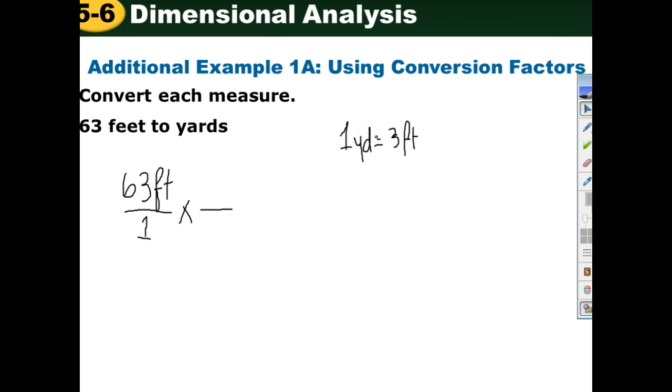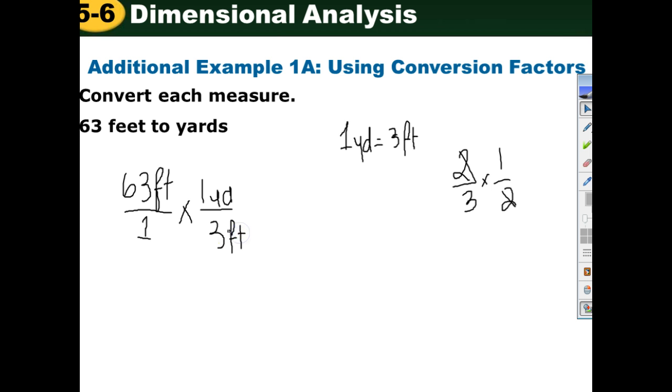Remember in the previous slide, I said that we want to make sure of what happened. So remember with fractions, when we have 2/3 times, let's say, 1/2, the twos cancel each other out. So the same thing is true for the units. So if I want to go to yard, I want to put yard on top. So my 1 yard will go on top and 3 feet will go at the bottom.